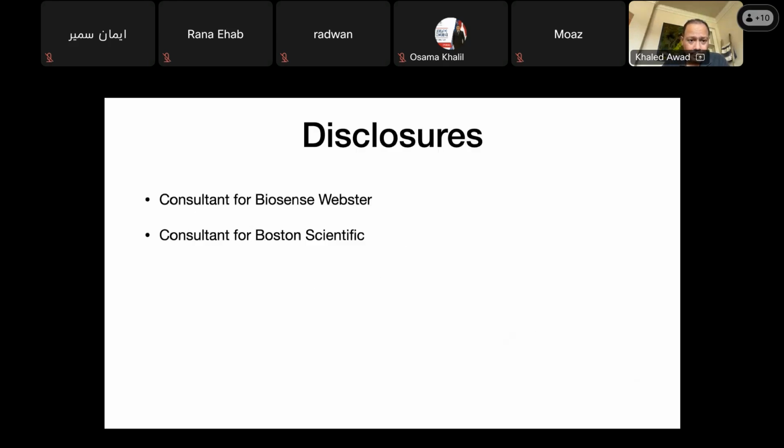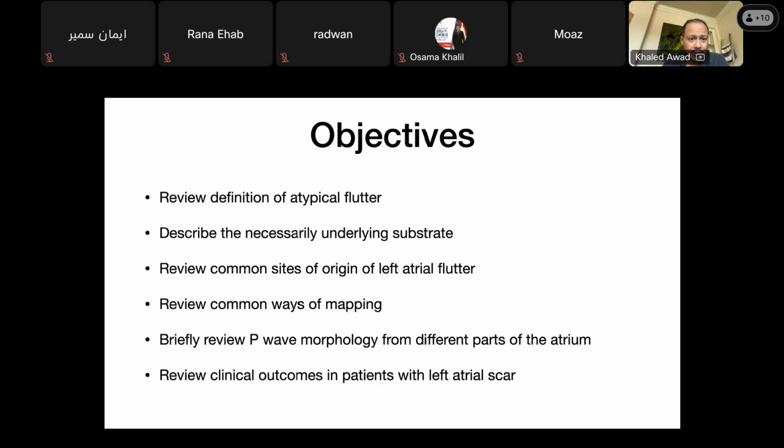Anyway, my disclosures seem like last time. We're going to try to review some definitions of what atypical flutter is, and we will talk about the necessary underlying substrate. Apologies for the spelling typo there.